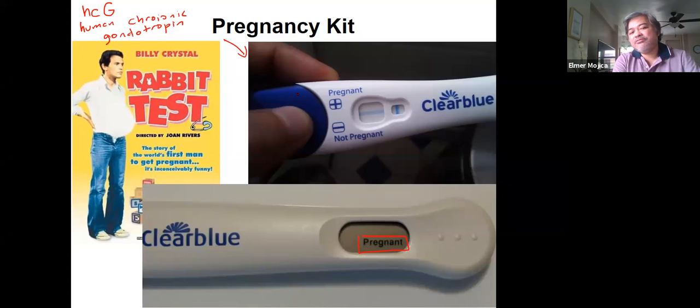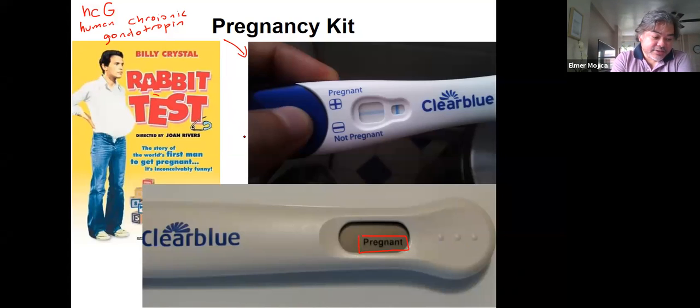So it was developed by Friedman at the University of Pennsylvania in 1931. Before they used rabbits, they used mice.